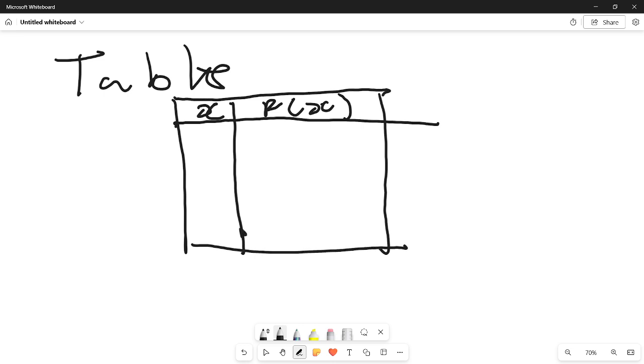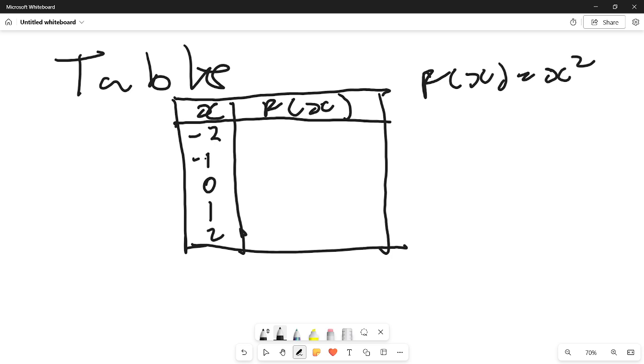Okay. So it will depend on the values that you select. For example, we select -2, -1, 0, 1, and 2. So -2, if substituted into our function, don't forget this is our function, f of x equal to x squared.